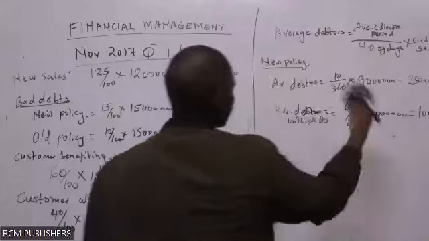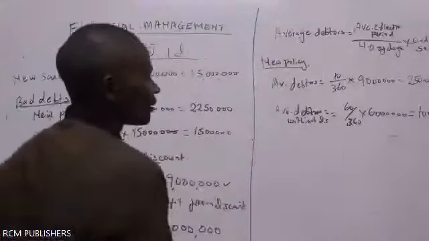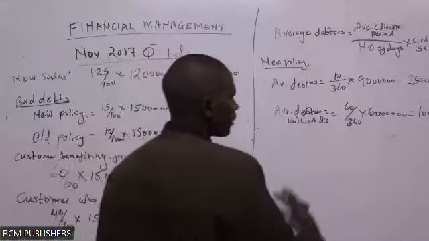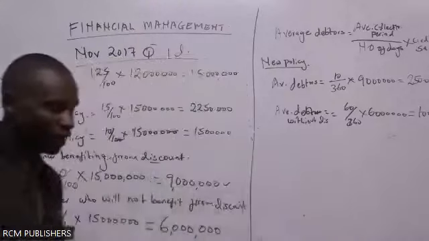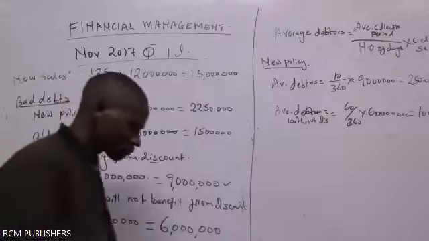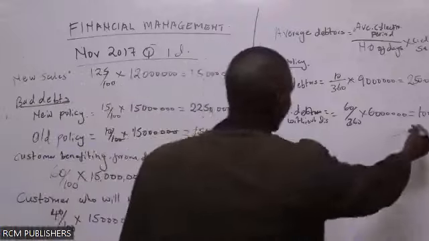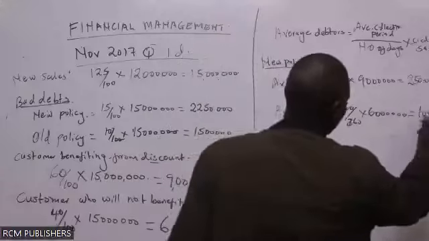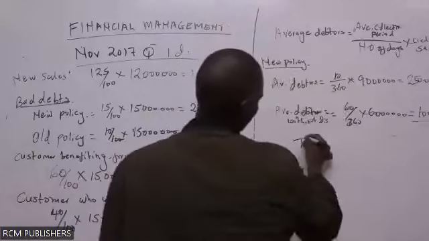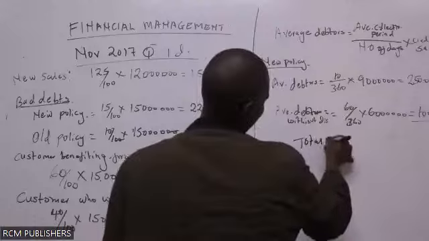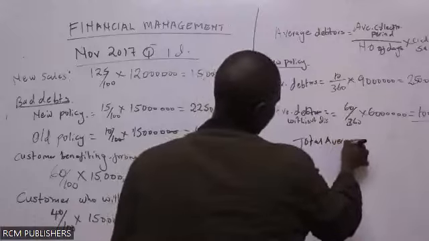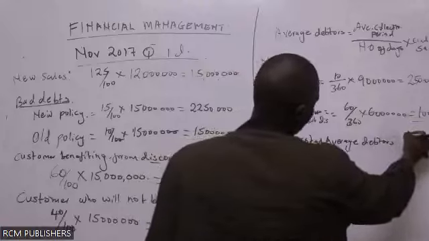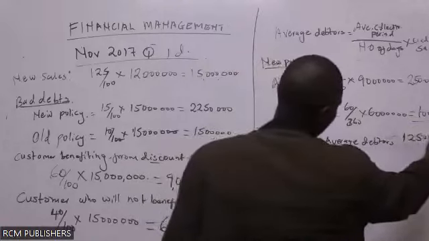So what will be the total average data? Yes, regardless whether watapata discount ama hawatapata, the total average data itakuwa ngapi under the new policy? Total average data itakuwa 1,250,000.